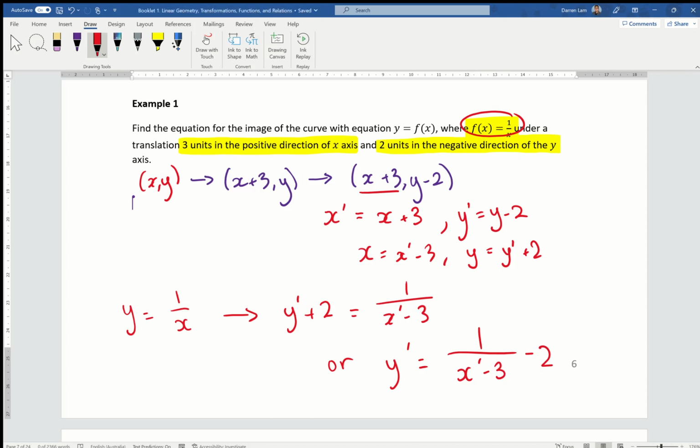Now, if you remember your stuff from function families from last year, you'll note that that is a translation of 2 units down and a translation of 3 units to the right.